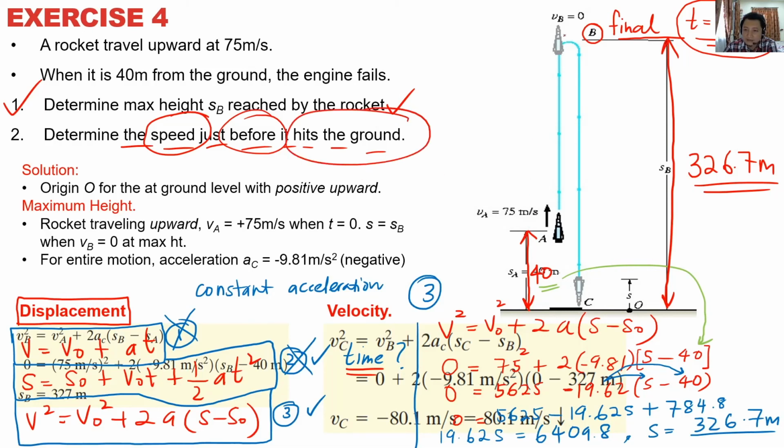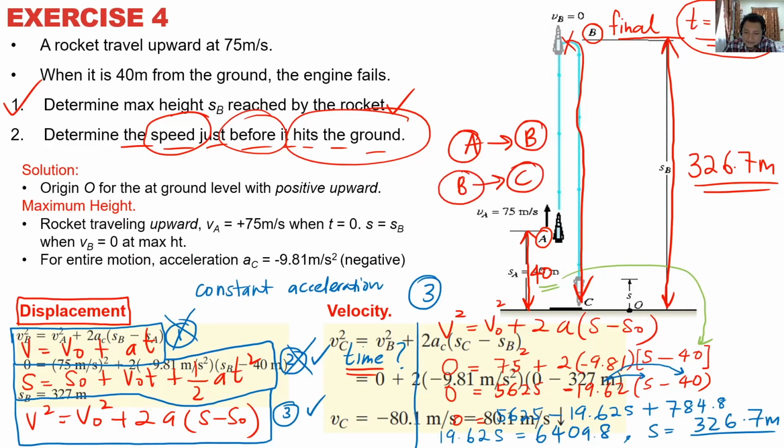So, dia terbang. Sekarang dia kat sini. Kamu nak analyse dia turun bawah. Just now kita analyse A kepada B, from here up until here. Now kita nak analyse B to C. So which formula should we use?